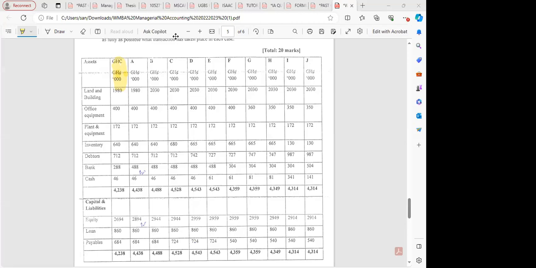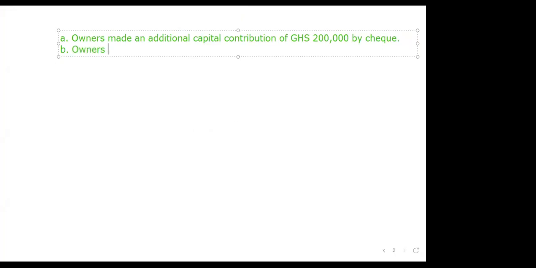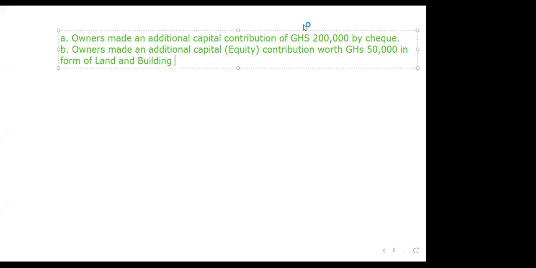So B. We're saying that owners made an additional capital contribution or equity contribution worth 50,000 in form of land and building.